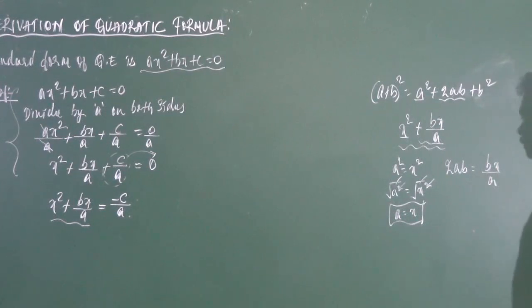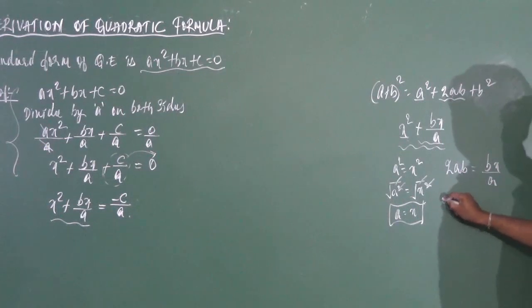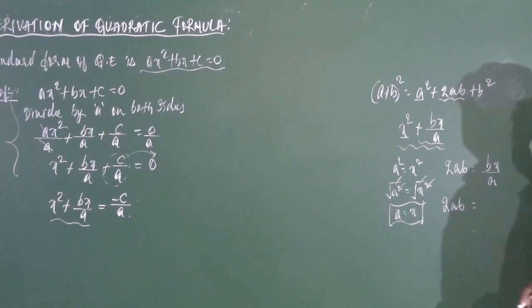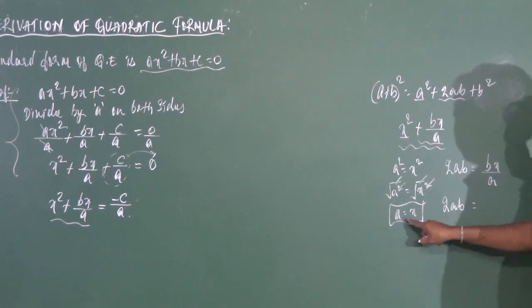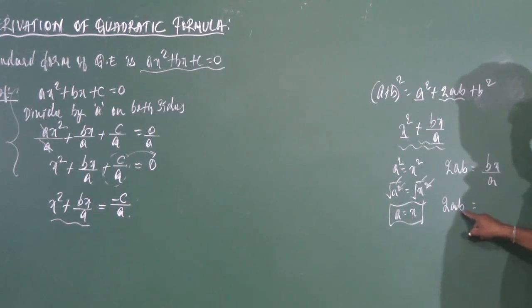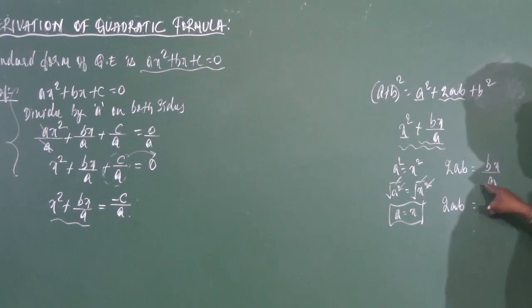This is in the form, right? Now in 2ab, 2 is a constant. What is a equal to? x. We have to find out b, right? So here do we have x? Yes, we have x.